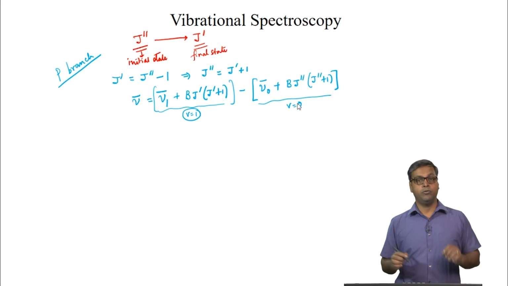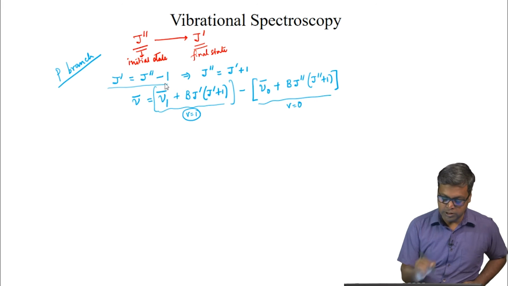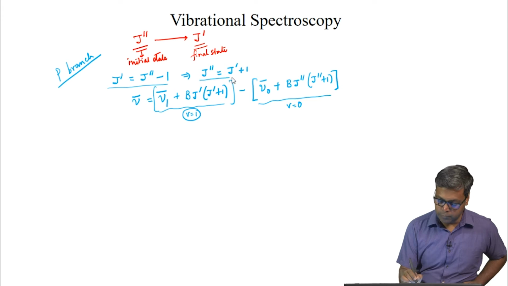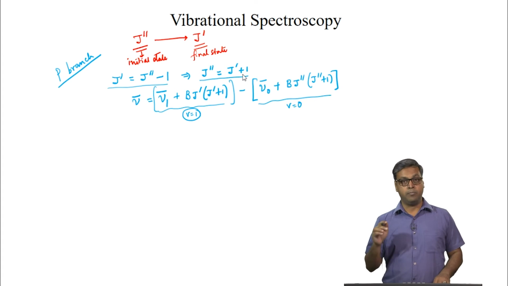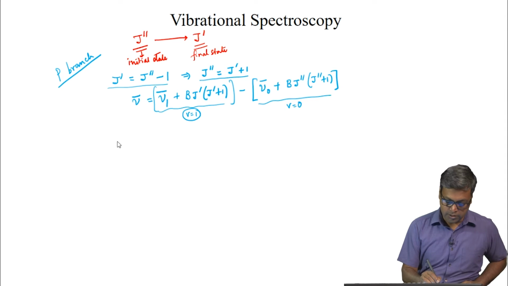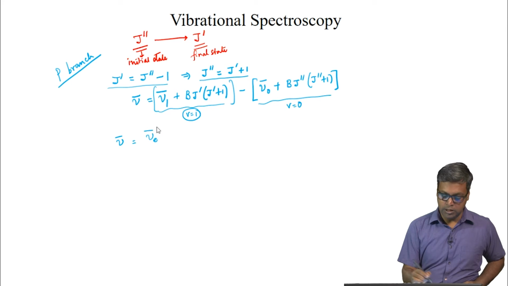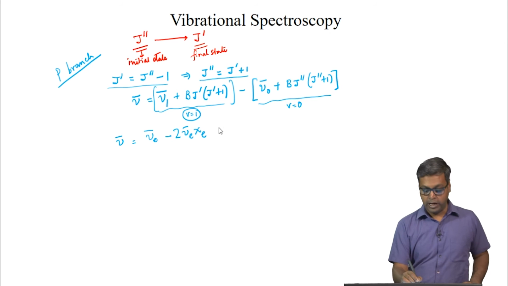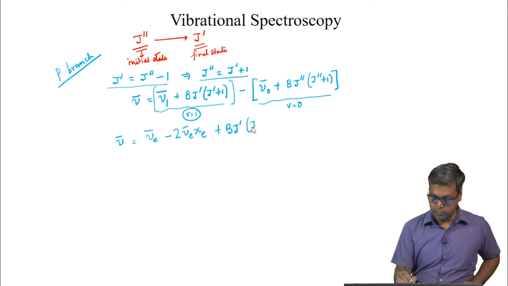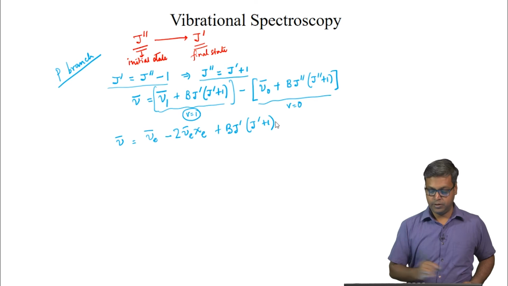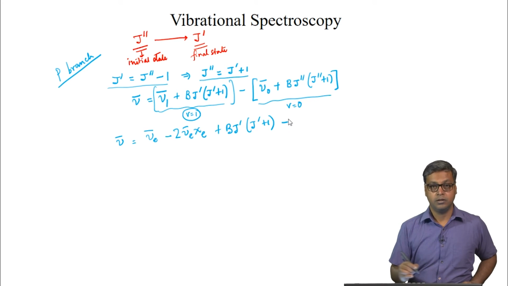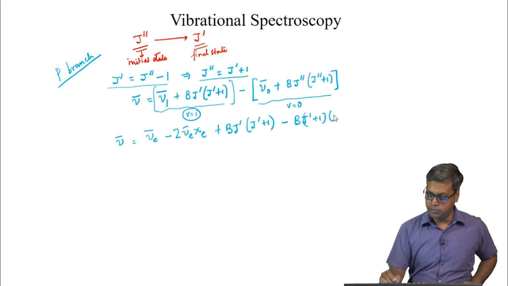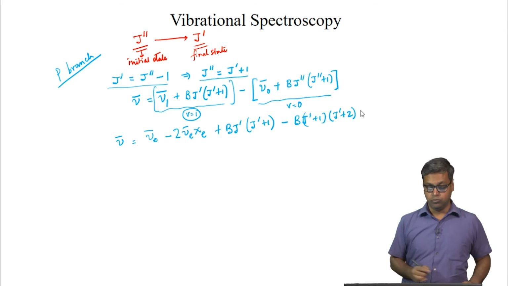Now if we put J prime equals J double prime minus 1, or in other words J double prime equals J prime plus 1, what we get is nu bar equals nu bar E minus 2 nu bar E chi E plus B J prime times J prime plus 1, then we have minus B times J prime plus 1 times J prime plus 2.